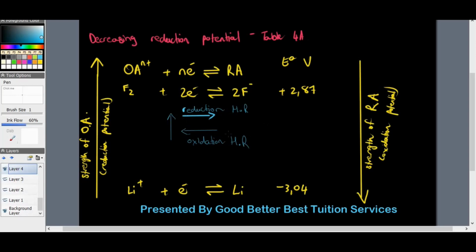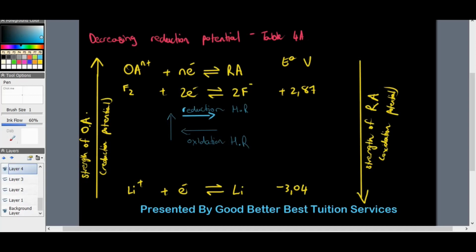Table 4a is always read in a clockwise direction, because reduction, as you come down, oxidation. The other way is anti-clockwise, because we've got oxidizing agent on top, and then going all the way down, we've got the reducing agent, etc. Don't have to explain that again. Everybody understands what I'm trying to say. That's how you read table 4a.